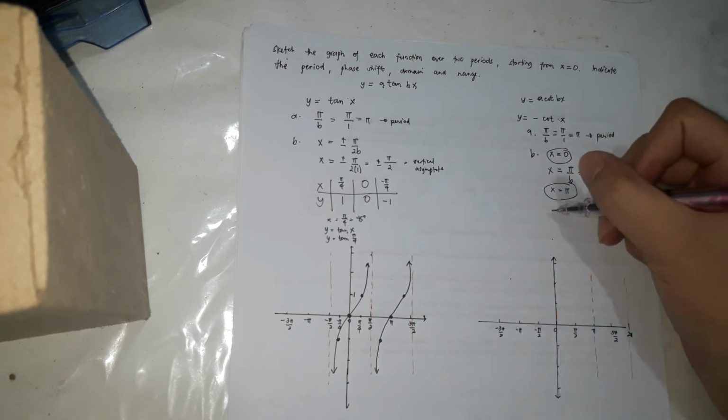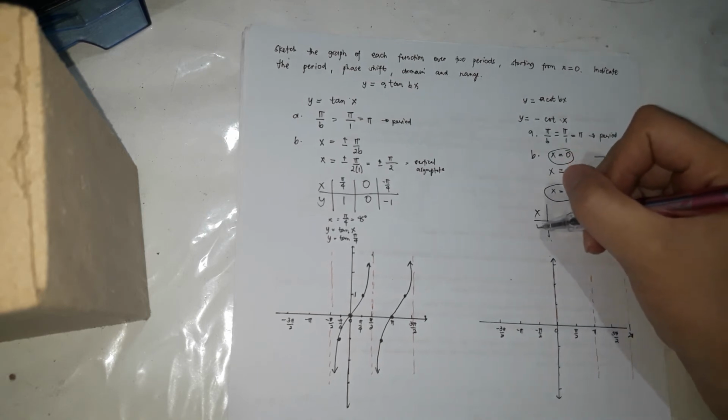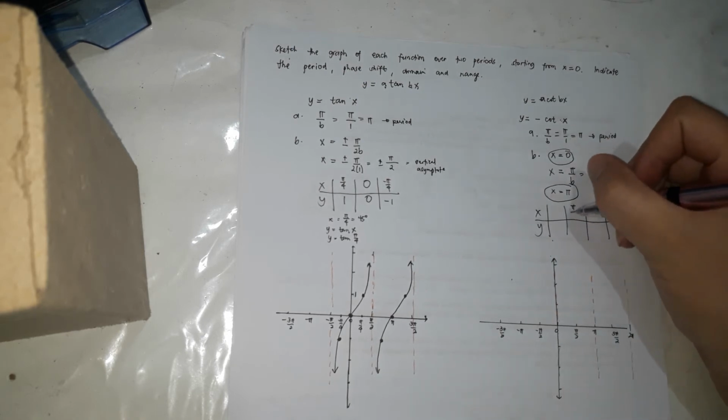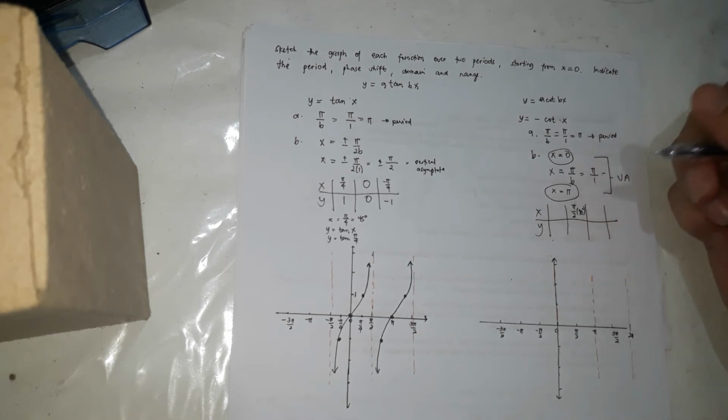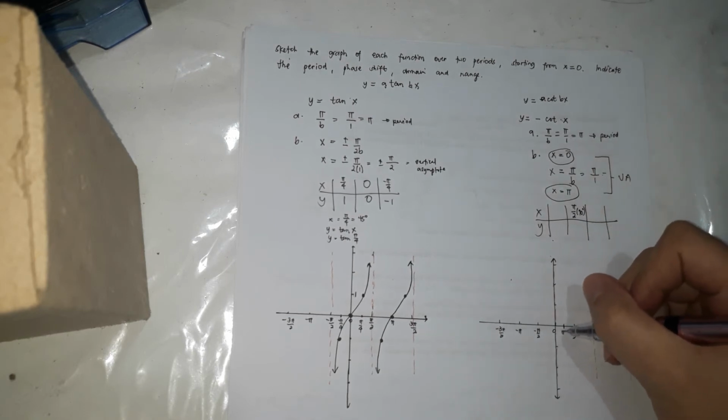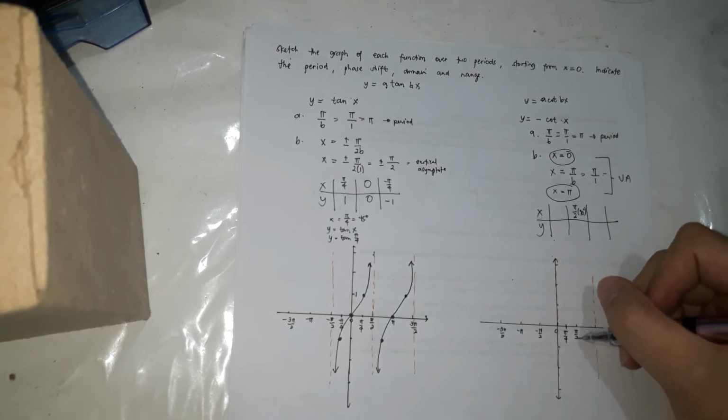Next, the same process, we're going to identify 3 points. The second point is pi over 2, or 90 degrees because 180 divided by 2. The points are pi over 4, pi over 2, and 3 pi over 4.